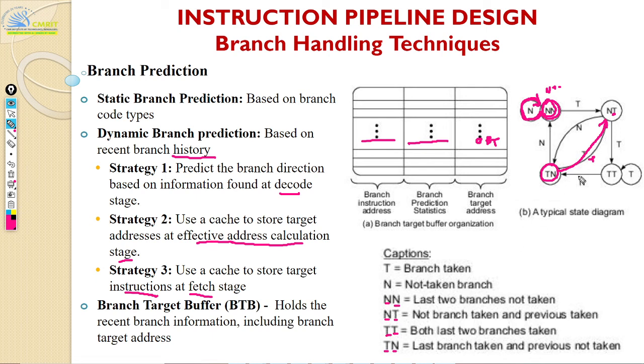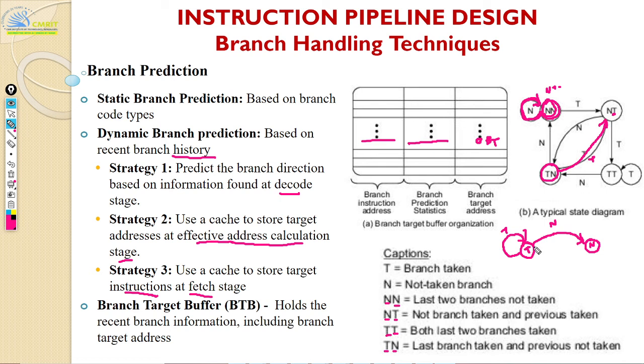This is not the only state diagram that is available. You can have a very simple state diagram with only two states: taken and not taken. If my branch is taken, I will stay in this state. If my branch is not taken, I will go to this state. So here you're using only the history of one time slot.